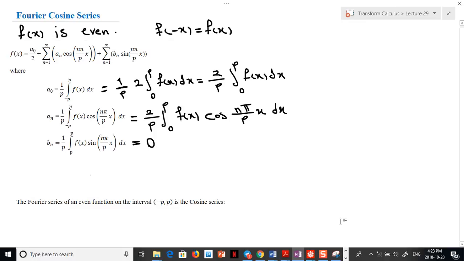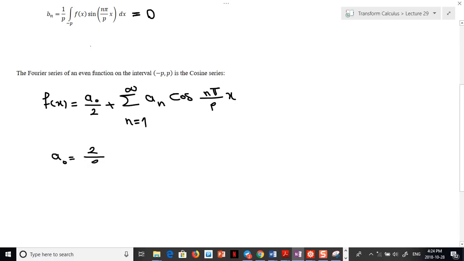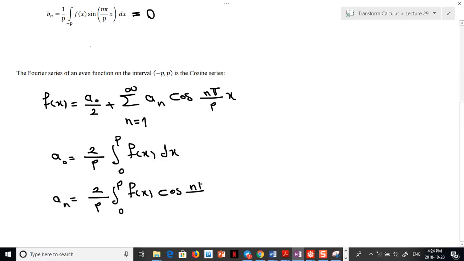As a result, I can say that the Fourier series of an even function on the interval minus p to p, which is the cosine series, is like this. f(x) is equal to a0 divided by 2 plus the summation of an cosine(n pi over p x), n from 1 to infinity, and a0 is equal to 2 over p, the integral from 0 to p of f(x) dx, and an is equal to 2 over p, the integral from 0 to p of f(x) cosine(n pi over p x) dx.